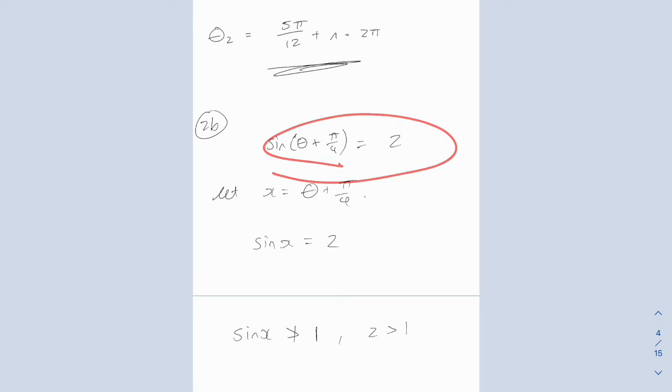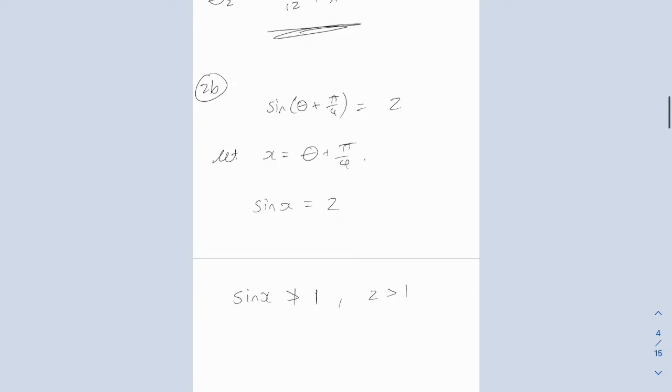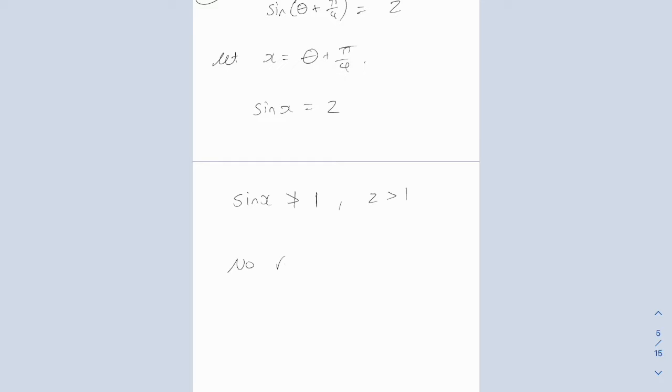It makes no sense. This is a trick question, guys. It is physically impossible. It just won't work. So we can therefore say no real solutions can be present here.